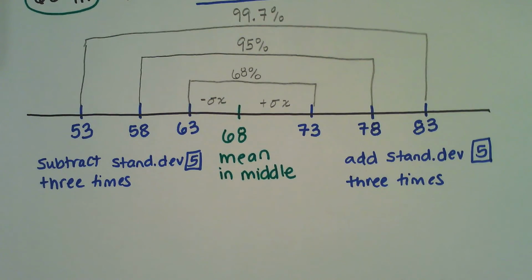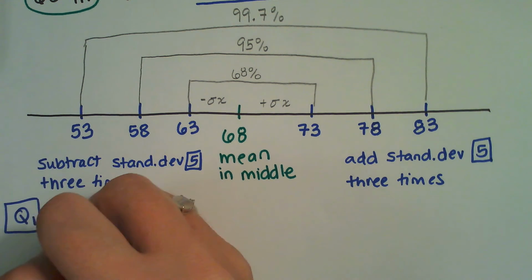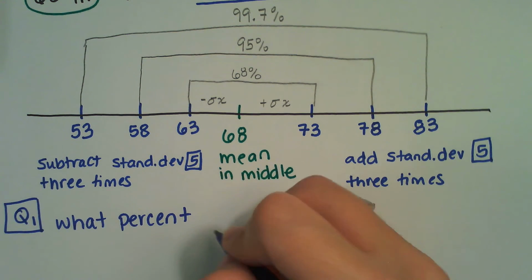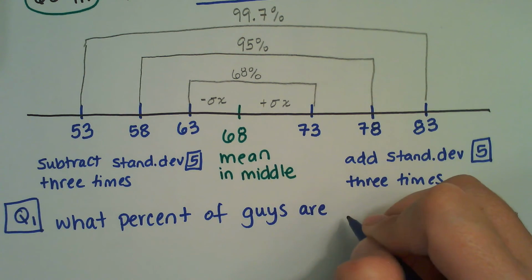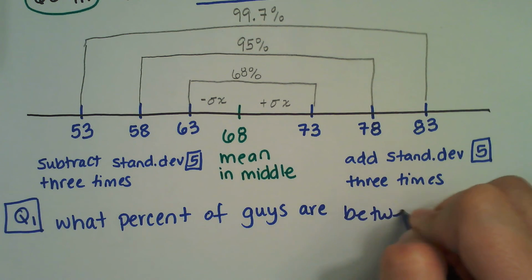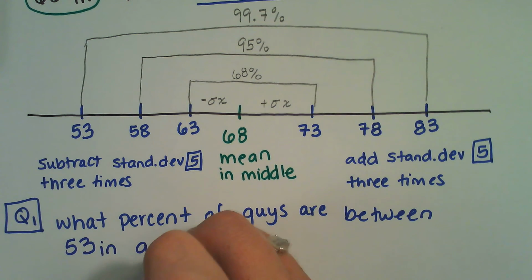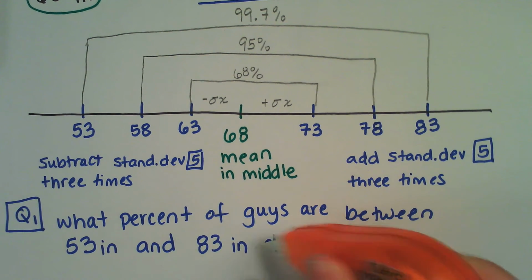But the types of questions that they're going to ask you in Delta Math look like this. Question 1. What percent of guys are between 53 inches and 83 inches tall?